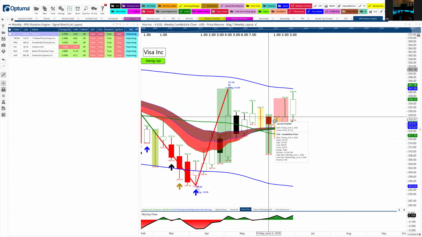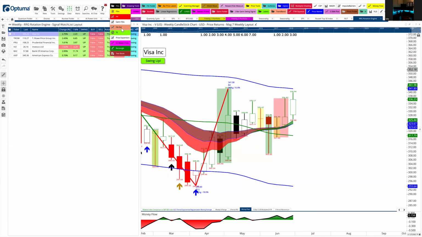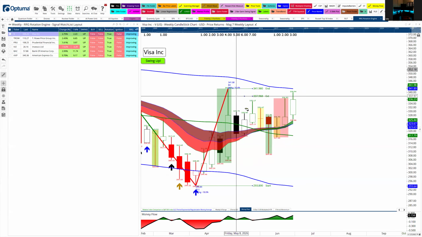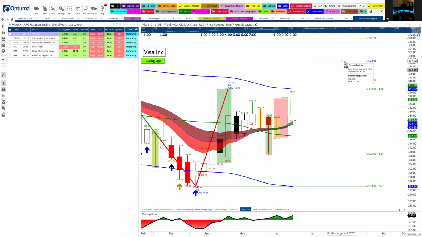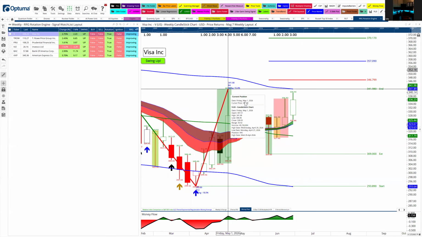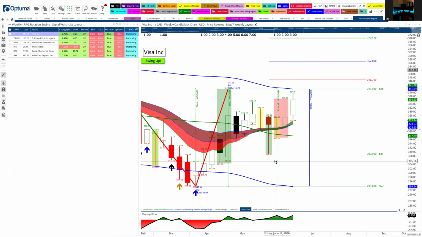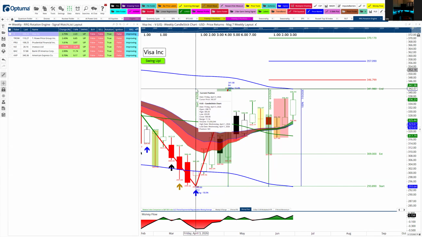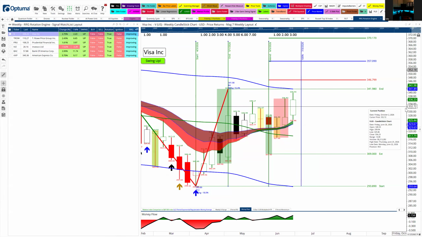So the swing is up. Now we can run a swing extension. Take this, we take 357. 357 is going to be an equal measured move of this swing from here. We can run a time on it. Take this to this. That gives us a time: 7/3/2026.